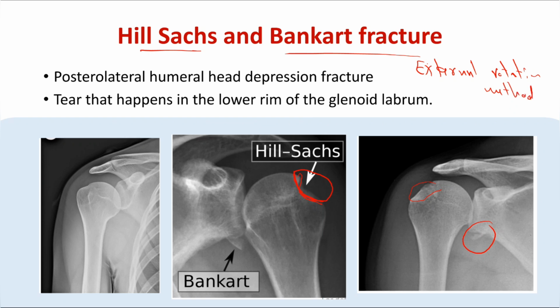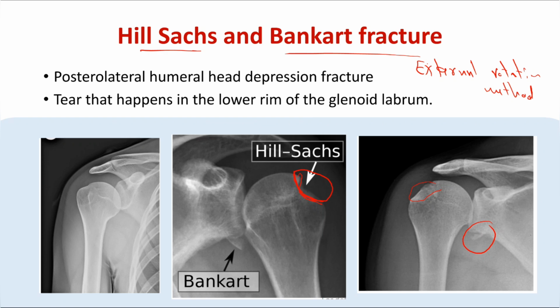For the external rotation method, the arm is placed in a position of slight abduction and external rotation. This is often combined with gentle traction. As the shoulder is rotated outward, the head of the humerus can slip back into its socket.